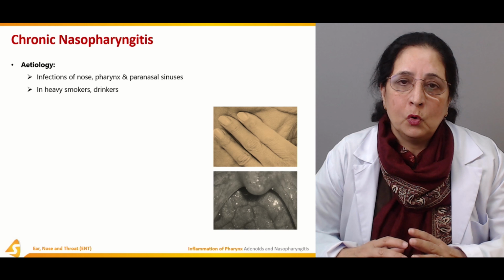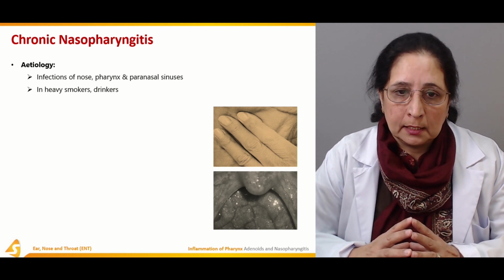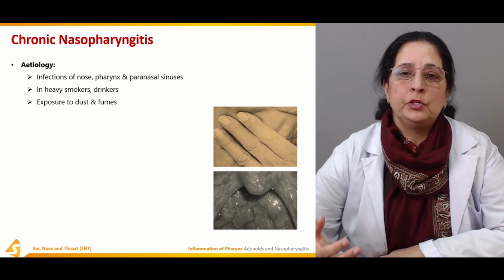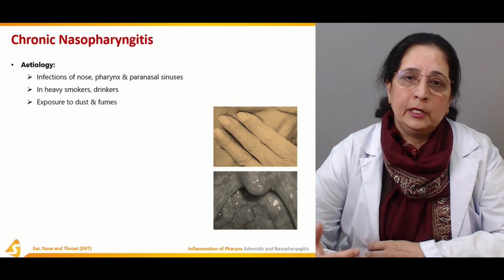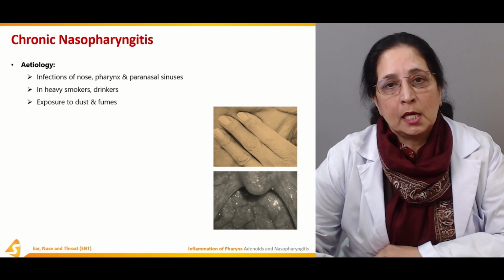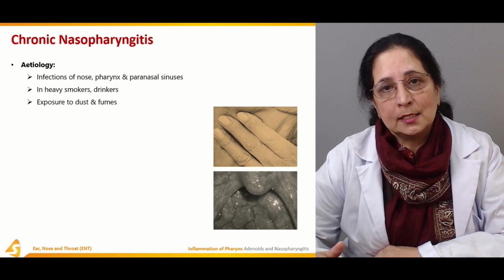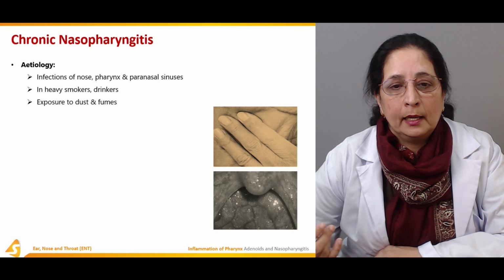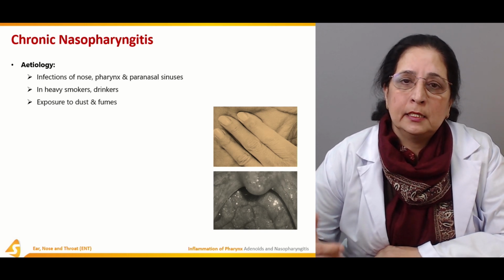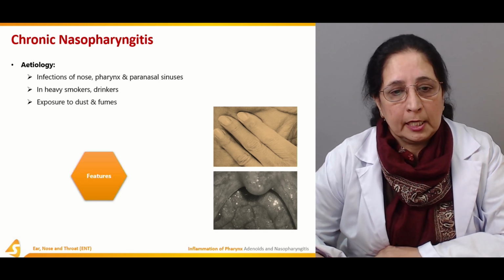In heavy smokers and drinkers, chronic nasopharyngitis is common. Any exposure to dust and fumes, especially in people who have allergies, can cause allergic rhinitis, allergic sinusitis, or pharyngitis, and they can lead to chronic nasopharyngitis.